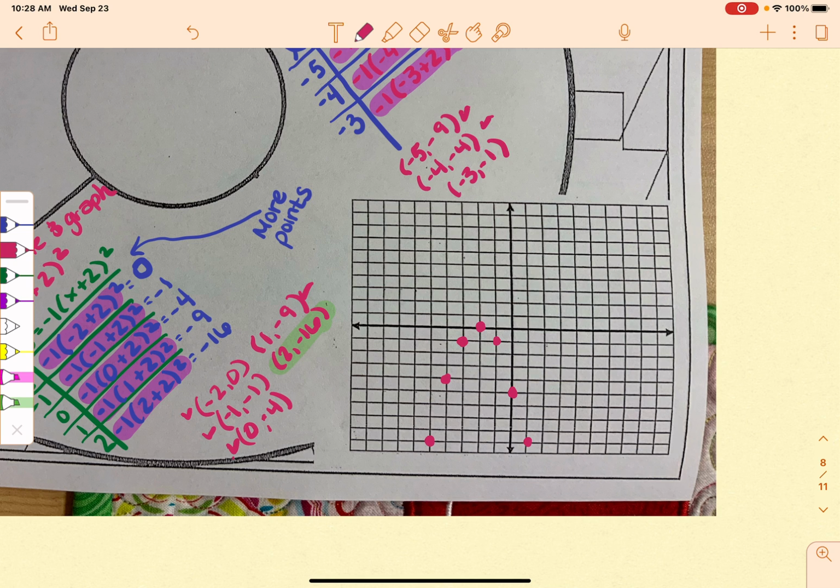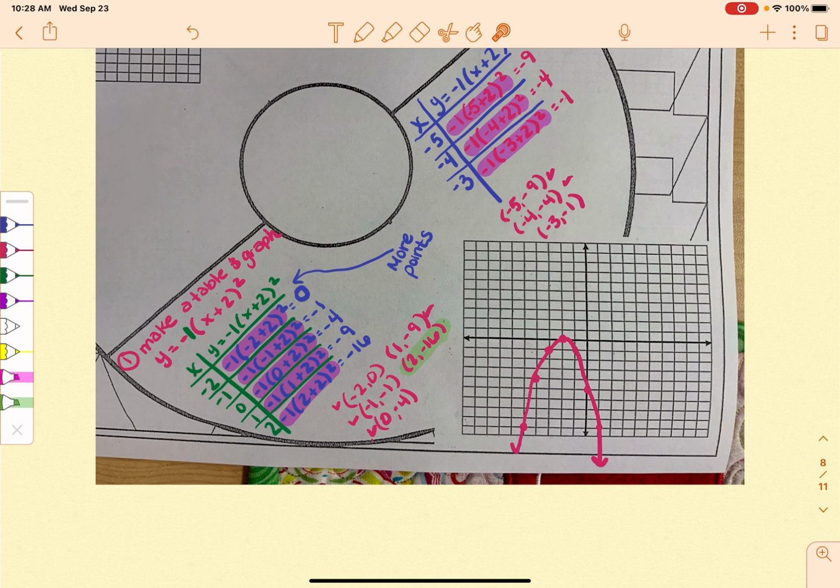Now you'll start to see you've got enough of a pattern that you could go over and start to make a graph. So remember, we're trying to look for the pattern. So I did say I was going to do more points at this end. If that didn't work, I would have to go to the other end. So we're just trying to be strategic about what we're doing.